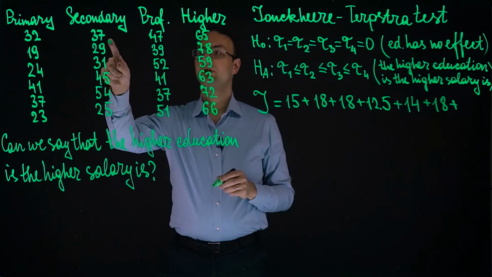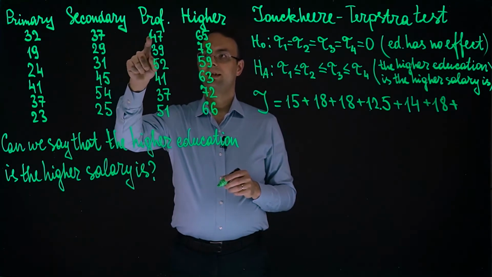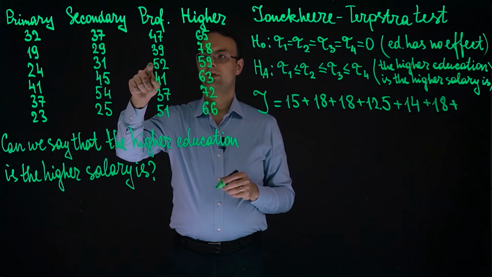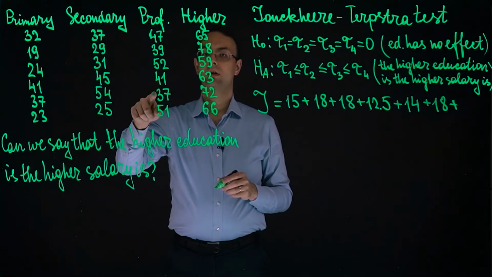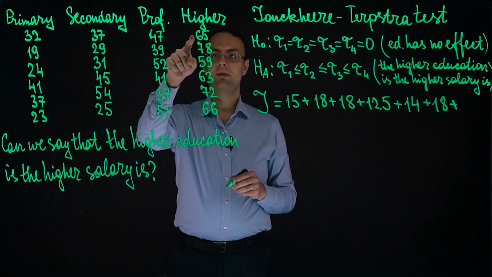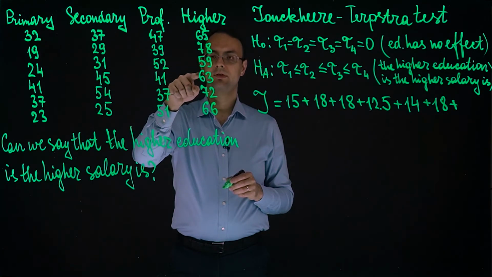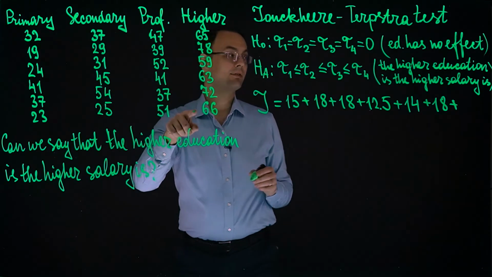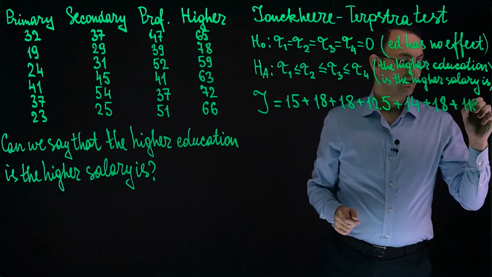Now I go here. So less 1, less 2, less 3, less 4, equal 4.5, less 5.5, 6.5, 7.5, 8.5, 9.5, 10.5, 11.5.